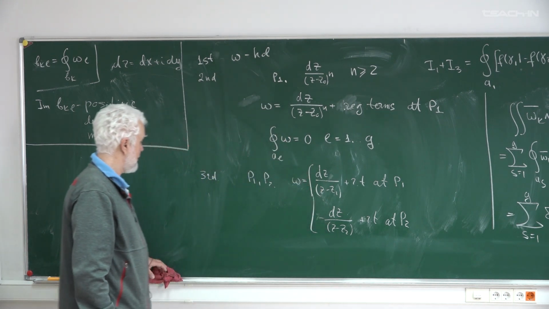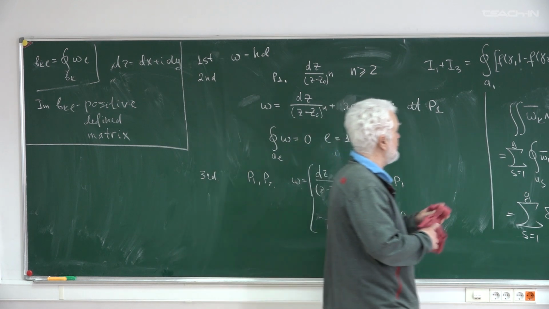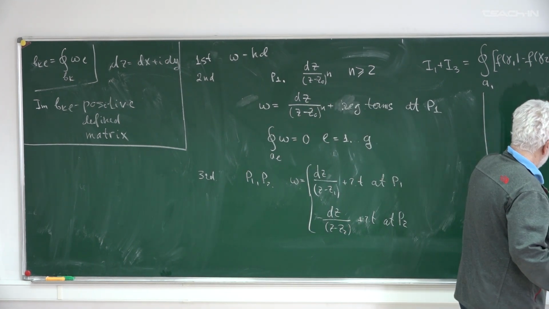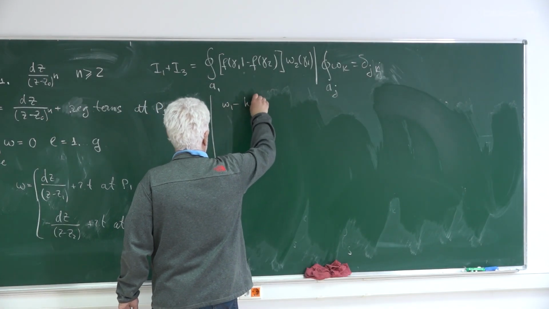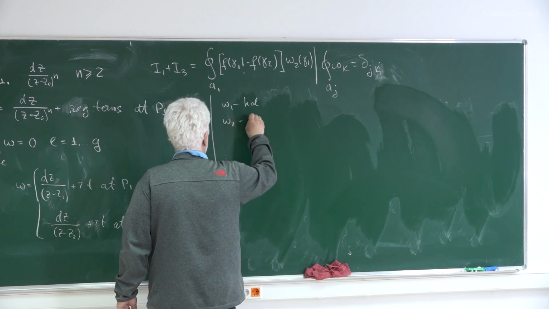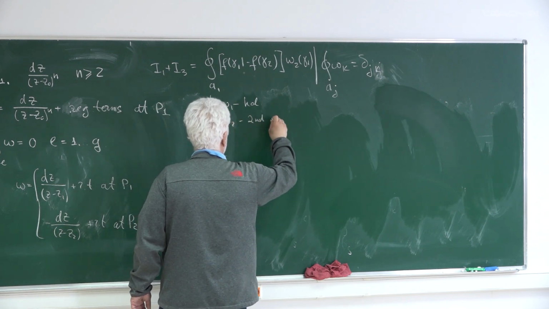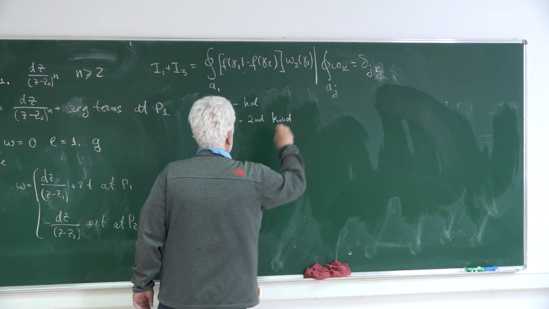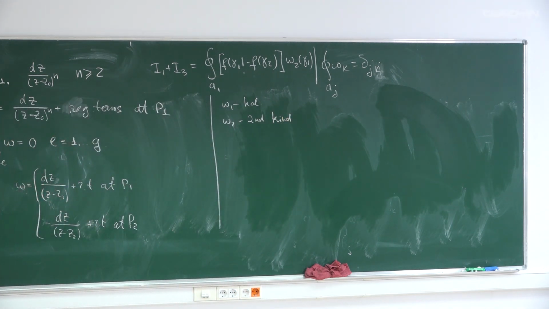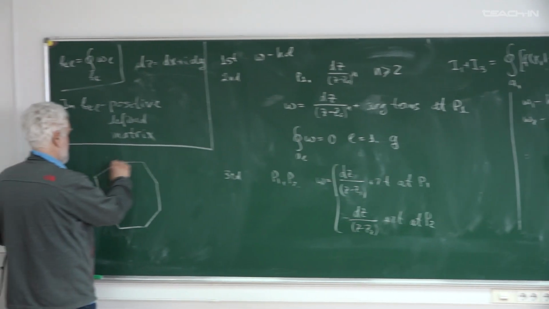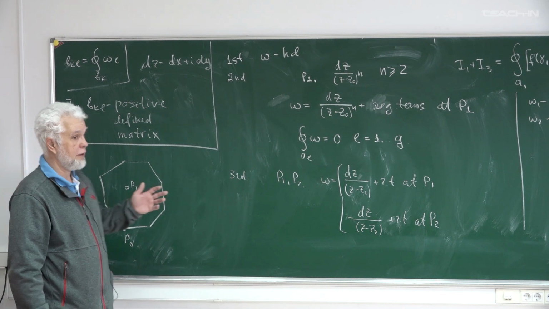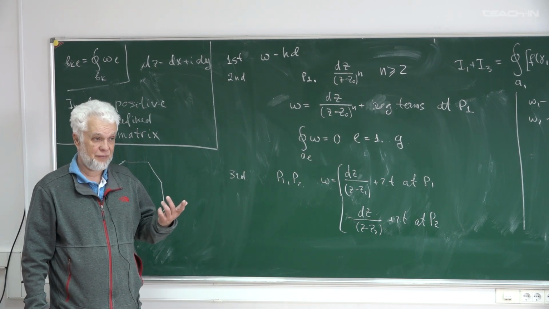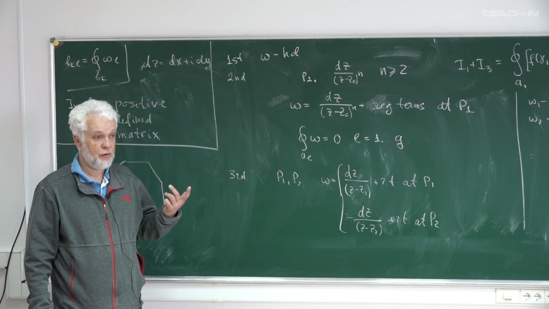Now let's apply the Riemann relation, for example. I don't want the full version, but assume that, first of all, omega 1 is holomorphic, and omega 2 is of the second kind. What happens? Now we have this n-gon. We have points P1, P0, and we can again construct the primitive, where we use that we have zero residue.